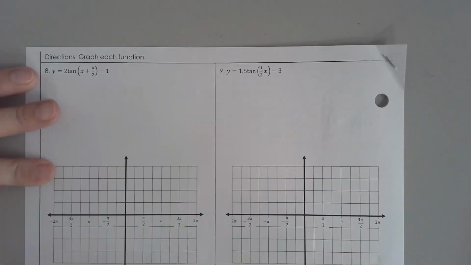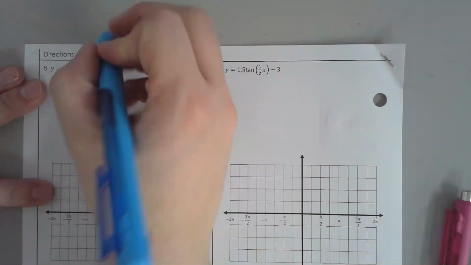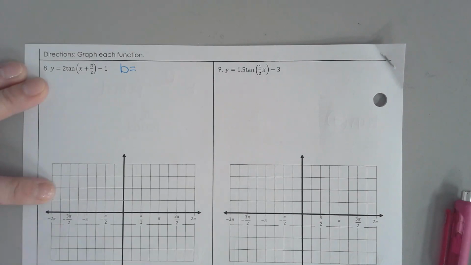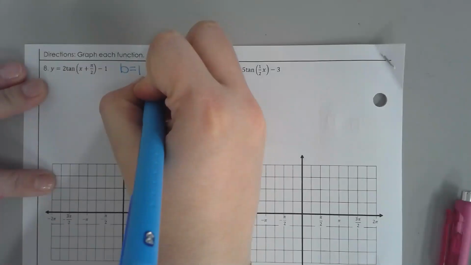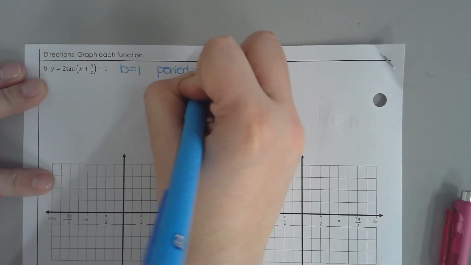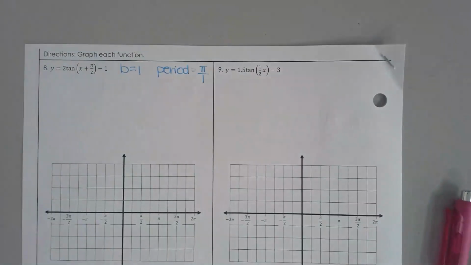Alright, so number 8. What is B? It's 1. Yep. So the period is pi over 1, which is just pi.